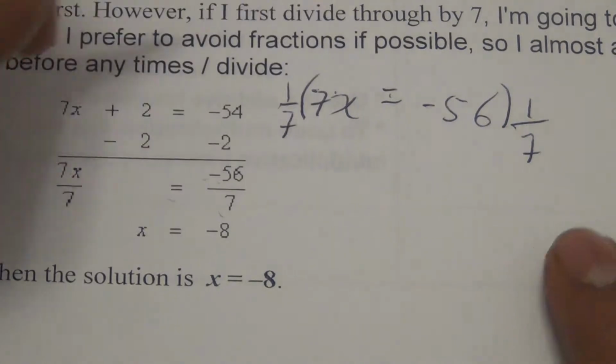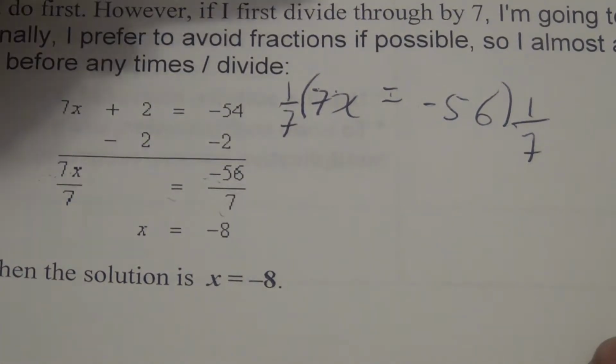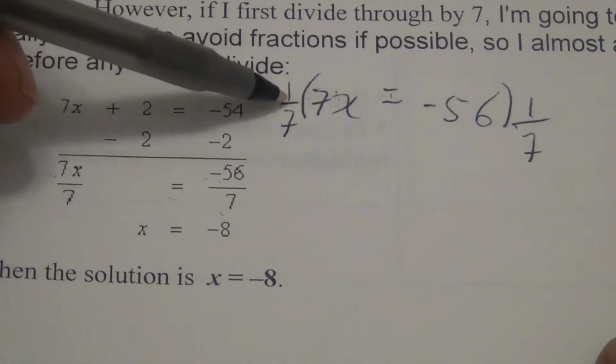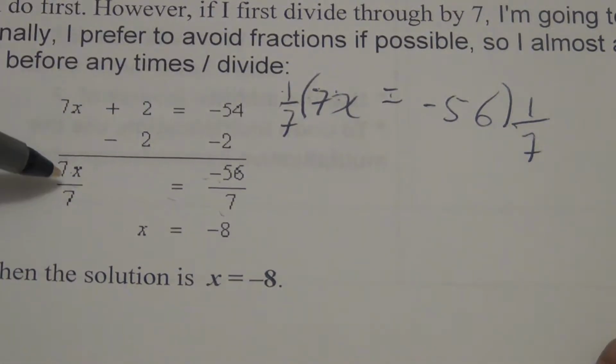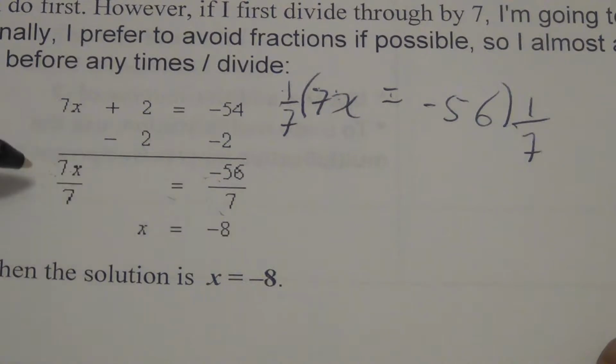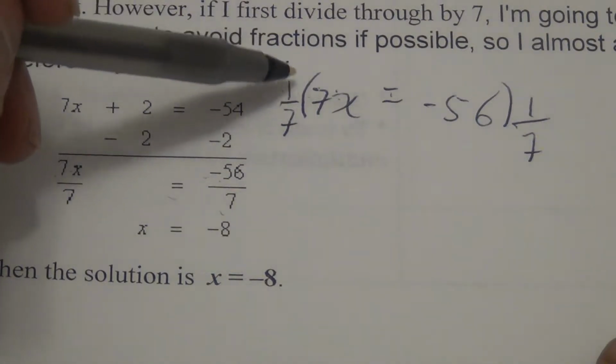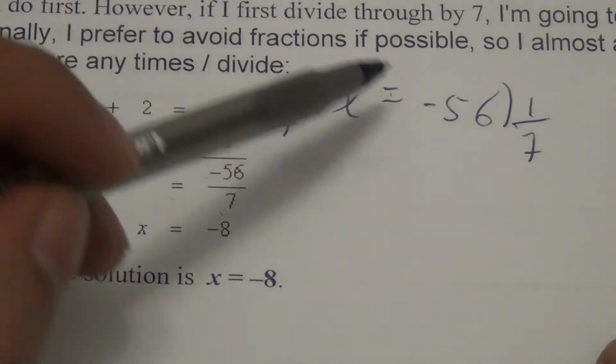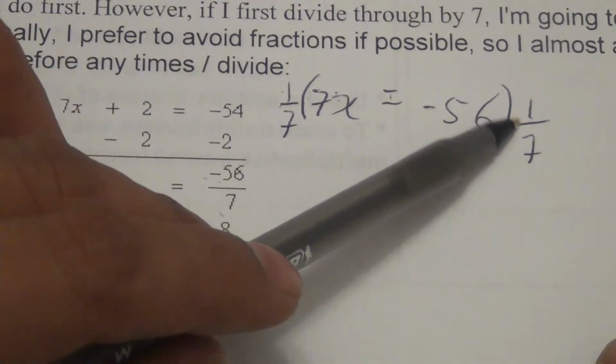Why? Because I need you to become acquainted with that. So look, 1 times 7x is 7x, and then over 7. In other words, when you say divide both sides by 7, actually before that you were utilizing the multiplicative inverse. And look, -56 times 1 is -56 over 7.